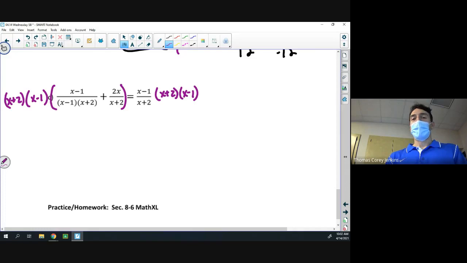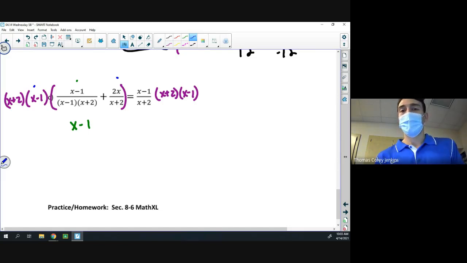All right. Now, kind of fraction by fraction. My first fraction, its denominator is the LCD, so I'm just going to be left with the numerator. My second fraction, the x plus 2's are going to cancel, so we end up with 2x times x minus 1 after that.